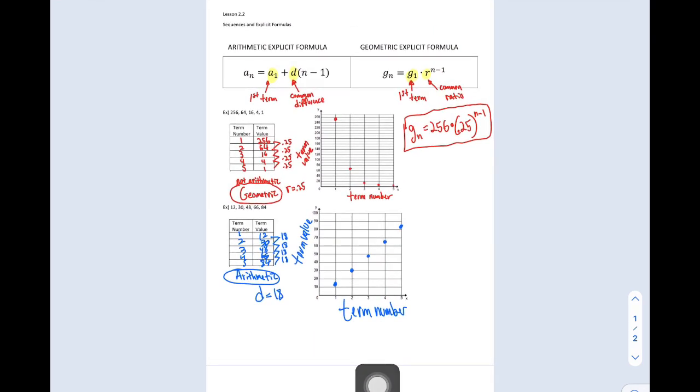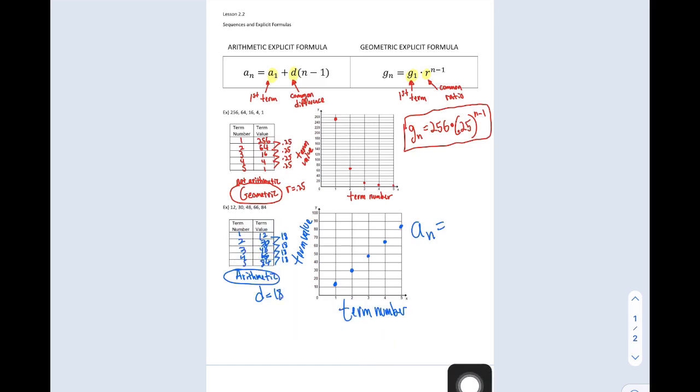All right, and last thing, when it comes to writing the formula, you have to recognize which of these two am I going to use. Well, we had an arithmetic sequence, so I know I'm going to be using this formula. So a sub n equals my first term. So what was my first term in this sequence?